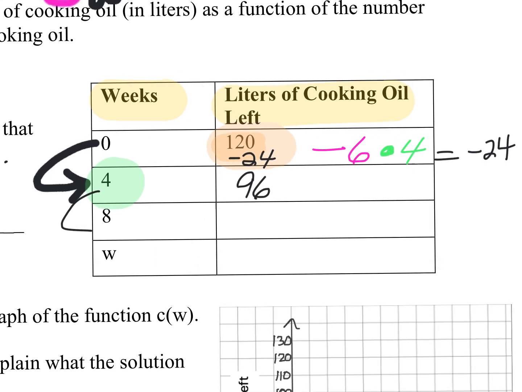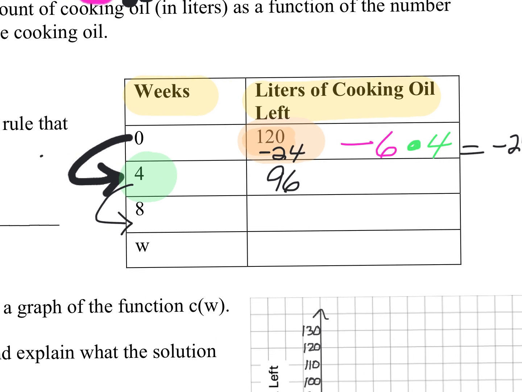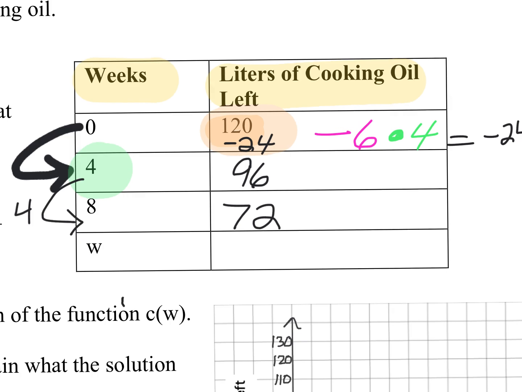From 4 to 8 is another 4 weeks. So we need to subtract another 24, and we get 72.